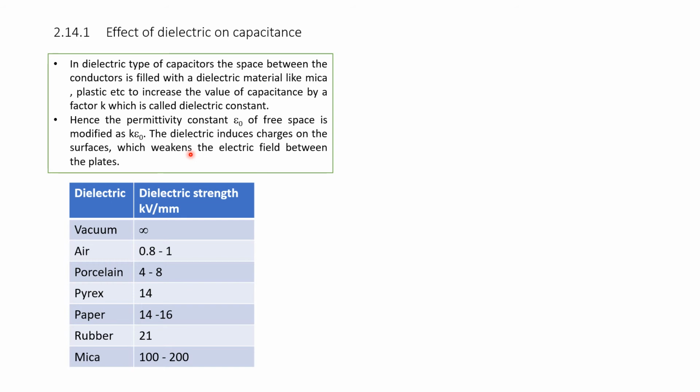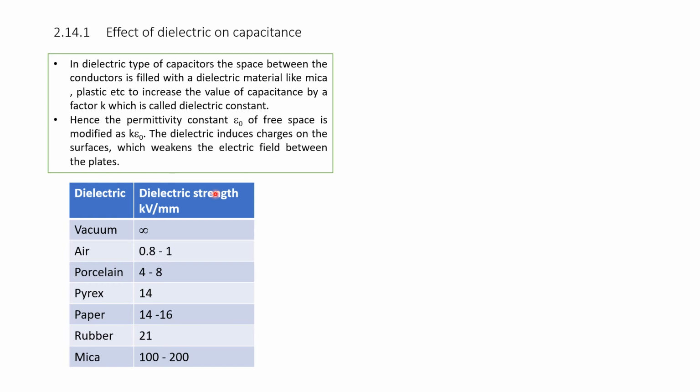Please note two important points in this section. Dielectric material increases the value of capacitance. Please underline, increases the value of capacitance, and the permittivity constant epsilon naught is modified as K times epsilon naught, and the dielectric induces the charges on the surface which weakens the electric field between the plates.